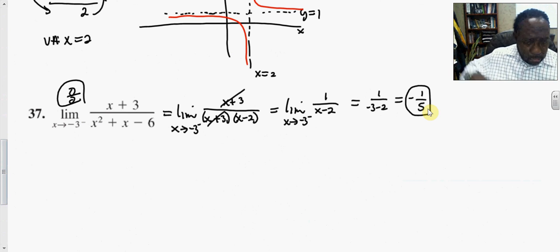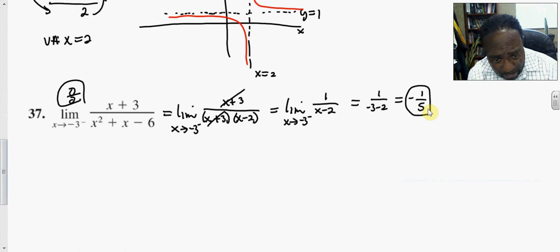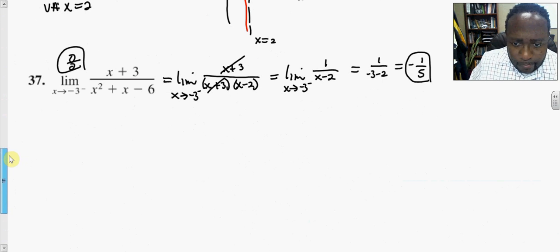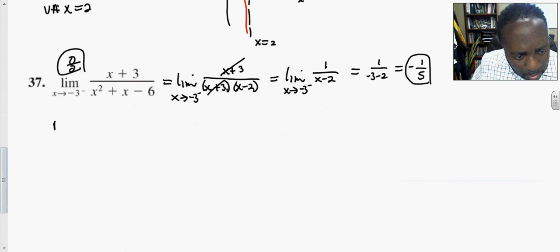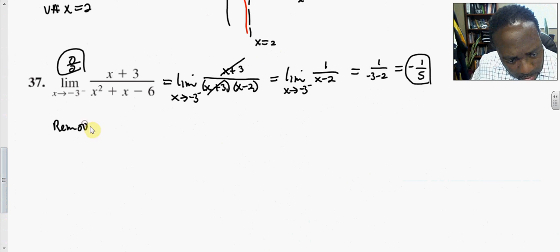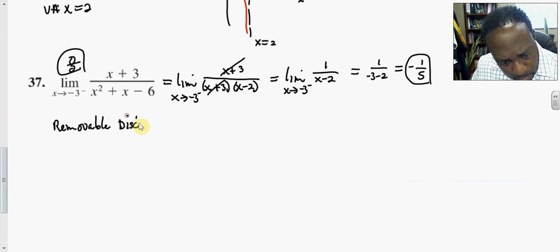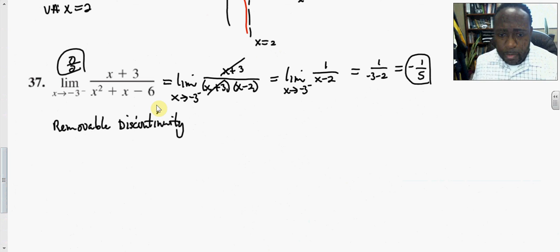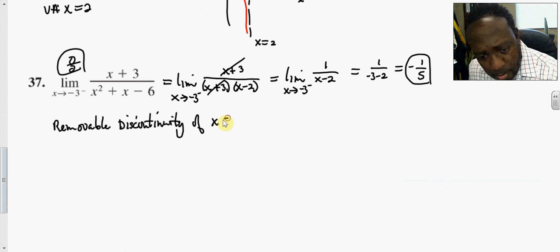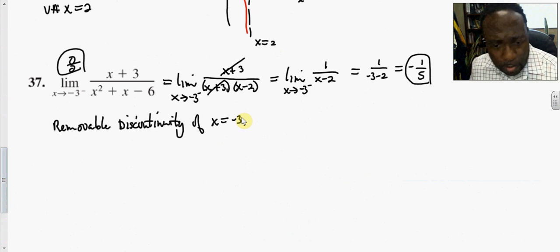So we have here a removable discontinuity, and we evaluate the limit as such. We removed it by the cancellation.